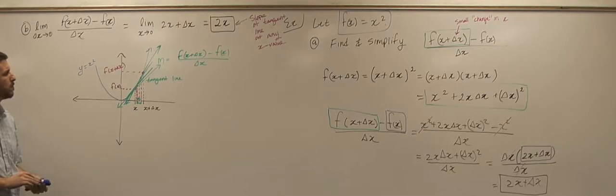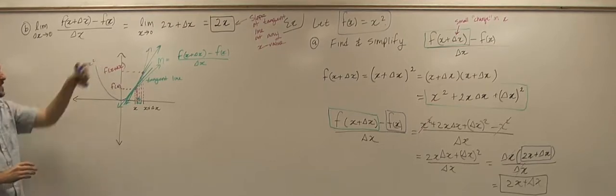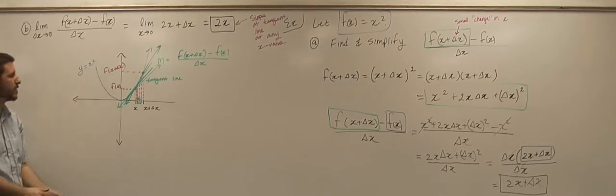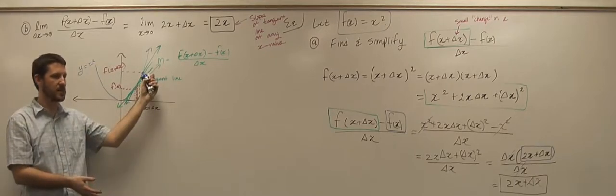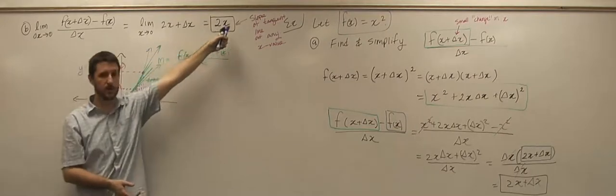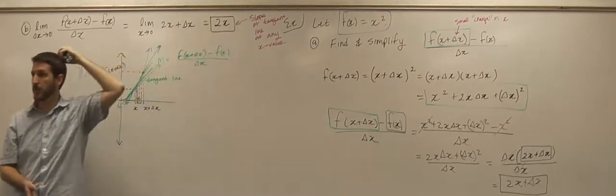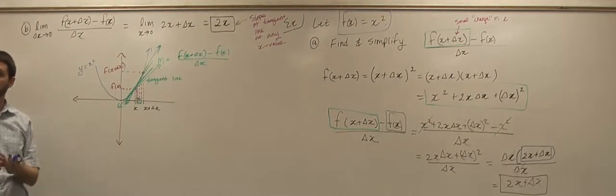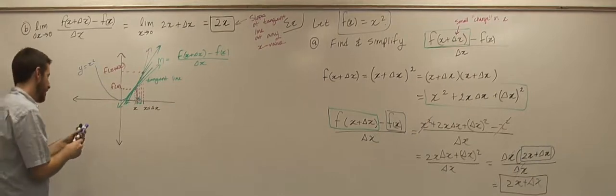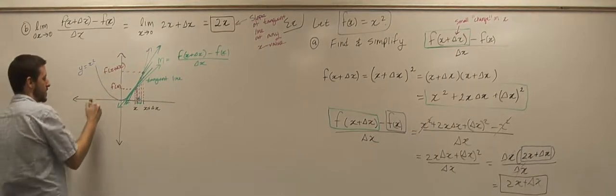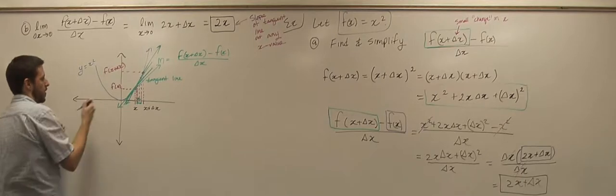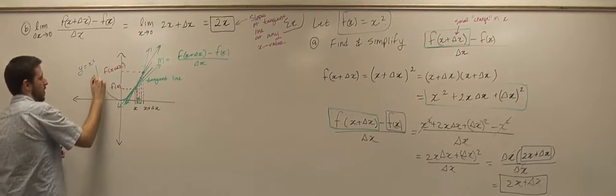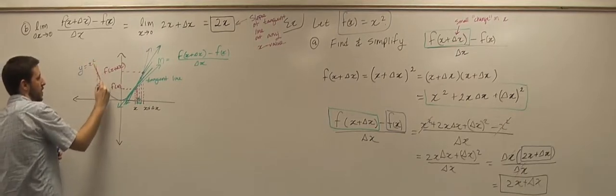How come it still has an x in it? For example, the slope of this line should be constant, like 5 or 4 or something. How come there's an x here? Yeah, the slope changes depending on which x value you pick. So for example, if I wanted the slope of the tangent line at x equals -3, that would be this line here.